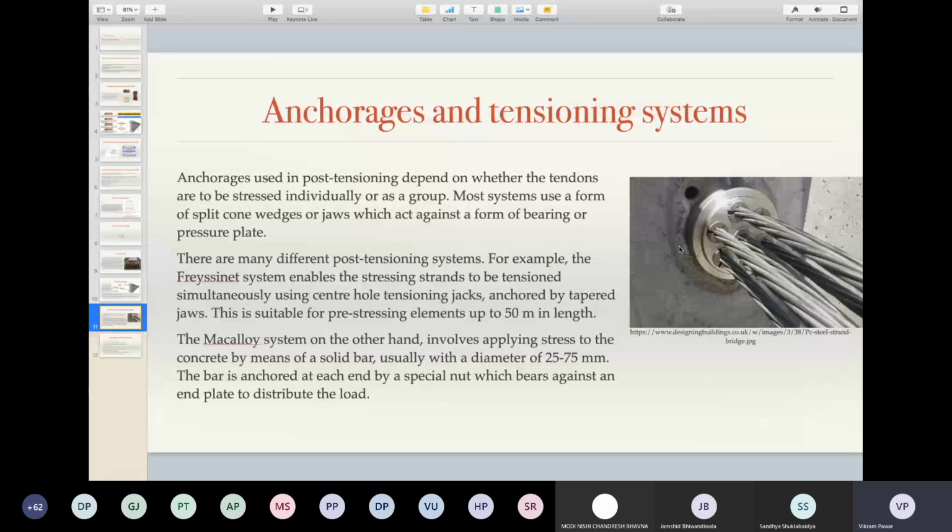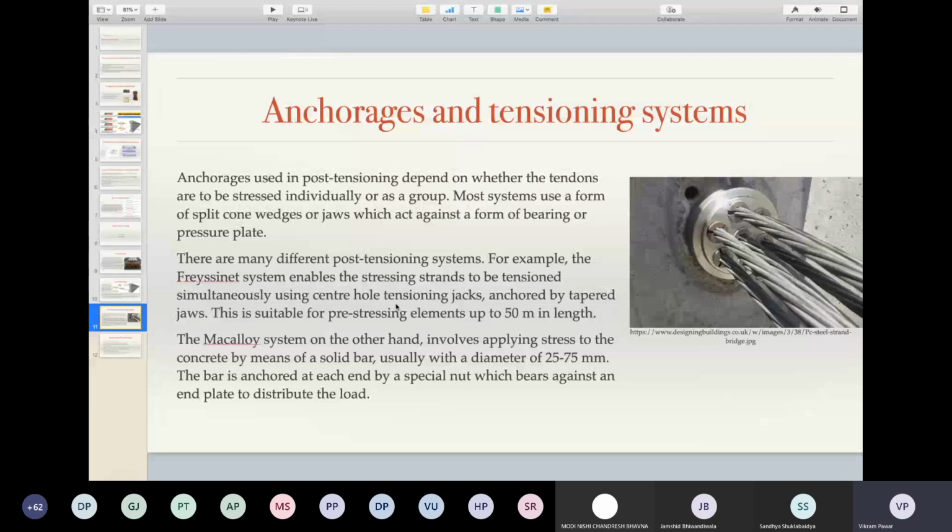So anchorage. There are many types of post-tensioning system. There is the Freyssinet system, which enables the stressing strands to be tensioned simultaneously using center-hole tensioning jacks anchored by tapered jaws. This method is suitable for elements up to 50 meters in length.